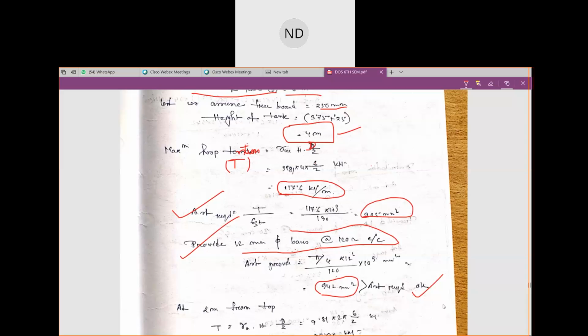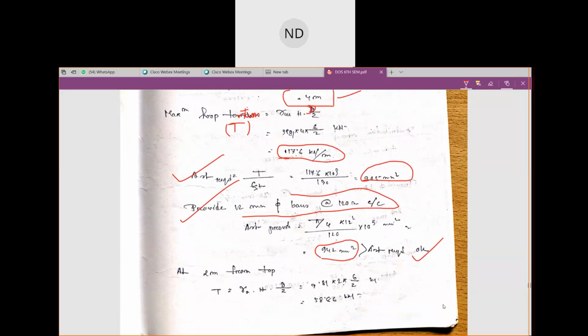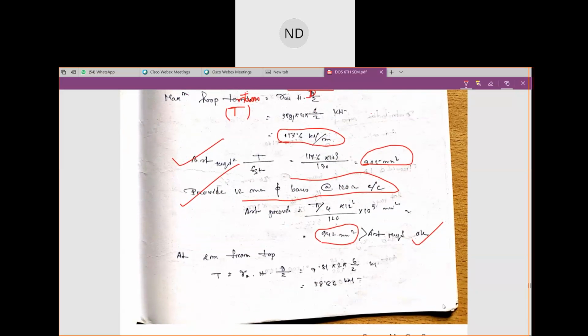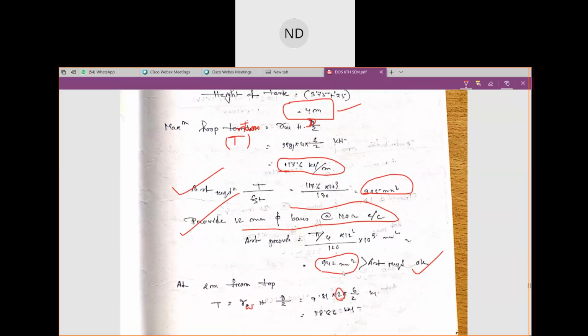Okay, now at the top 2 meter, at 2 meter from top, how much do we have? The total hook tension T will be gamma W H into D by 2. So 9.81 at the height 2 meter from top. Here we took 4 meter for the total height, and we have taken out the main reinforcements this much.